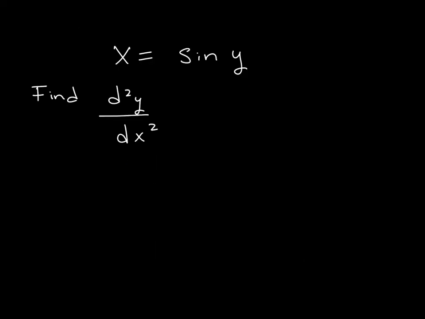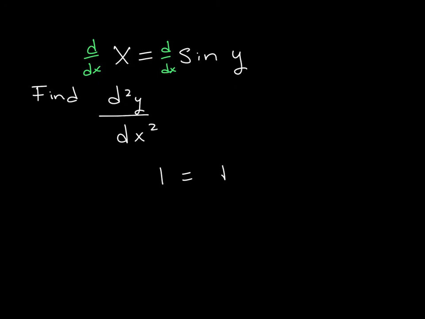And we have to not ignore the trig functions when finding the second derivative. So we're going to go through again, first taking the derivative with respect to x for both sides. When you do that, the derivative of x gives me 1. Now, this is asking me to find the derivative with respect to x, but my variable is y.